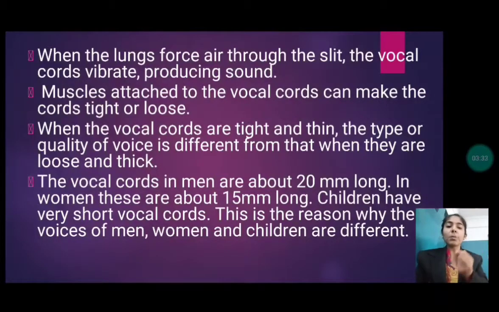Somebody's voice is very thin, somebody's voice is very heavy. That is due to the vocal cords being thin or thick, as well as loose or tight, so that air can pass through that slit, and when we talk, the voice box creates sound.